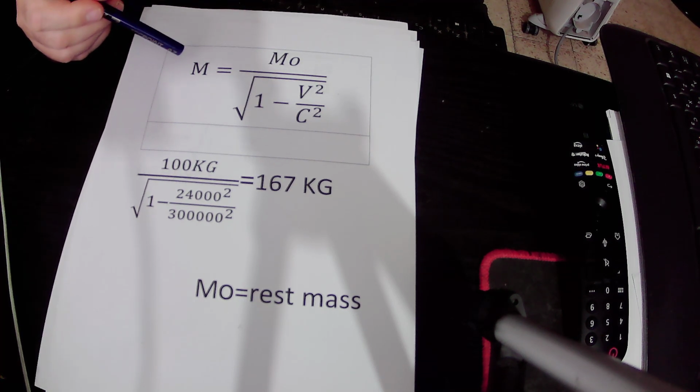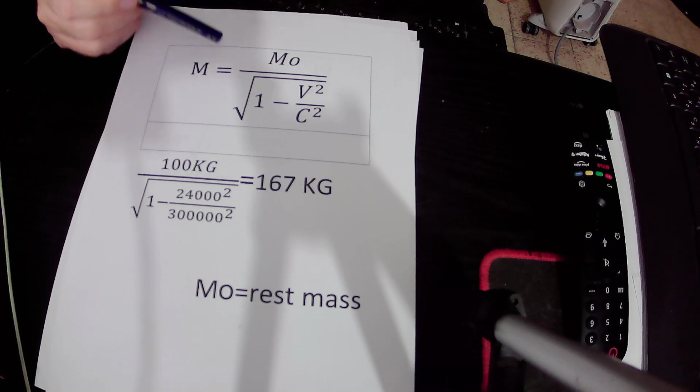So m actually is the mass of a body or the human being that is moving at a very high speed in the space or spaceship.